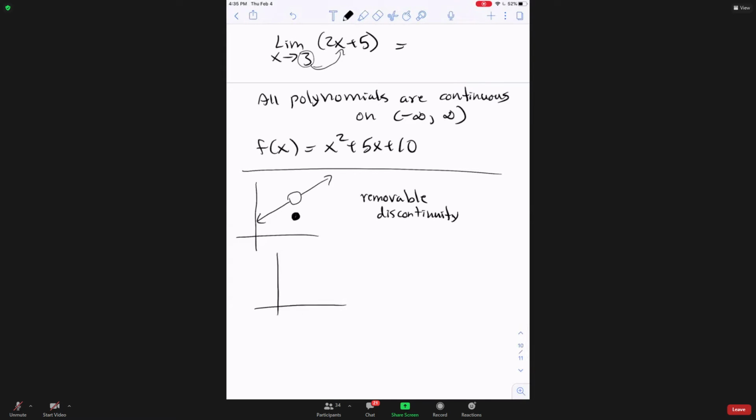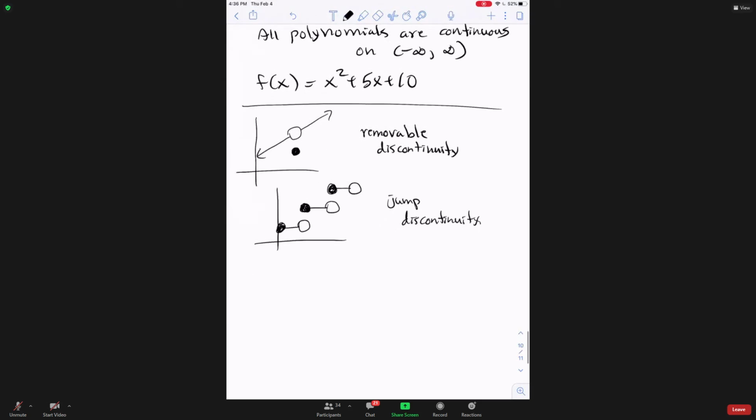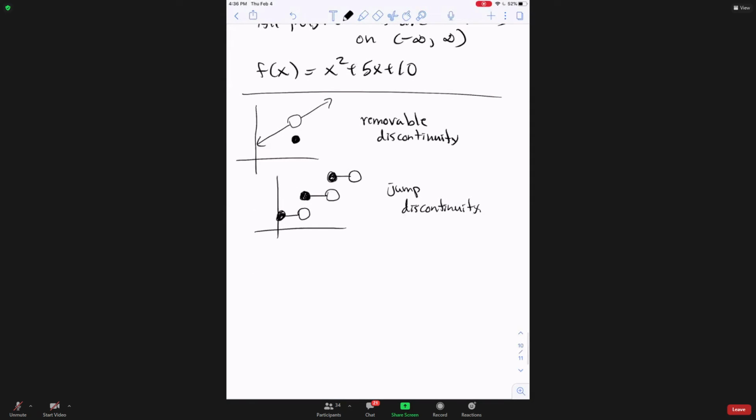Whereas if you have something like this, that's a jump discontinuity, like the step function. And then if you have something like an asymptote, that's an infinite discontinuity.